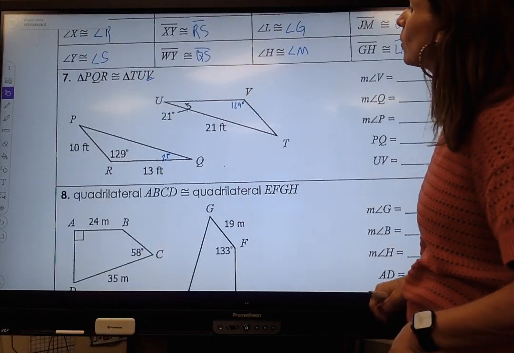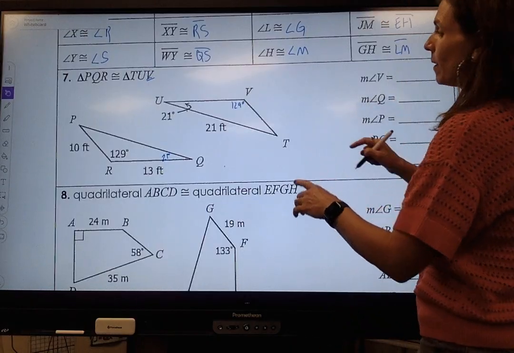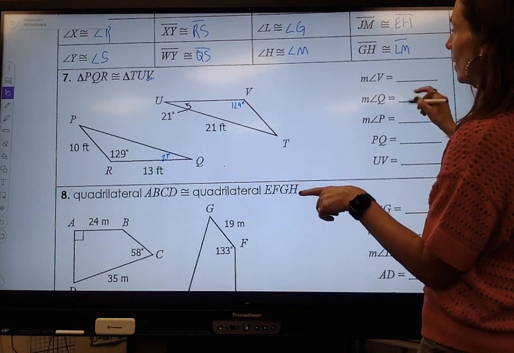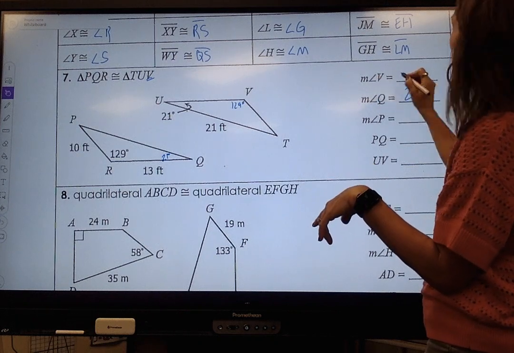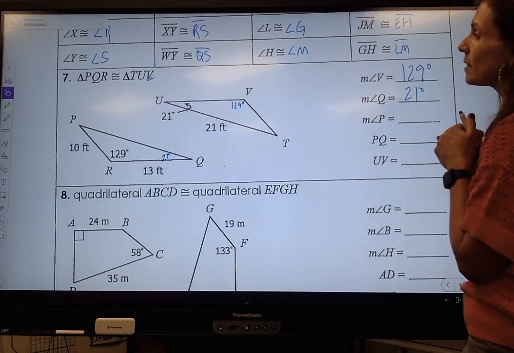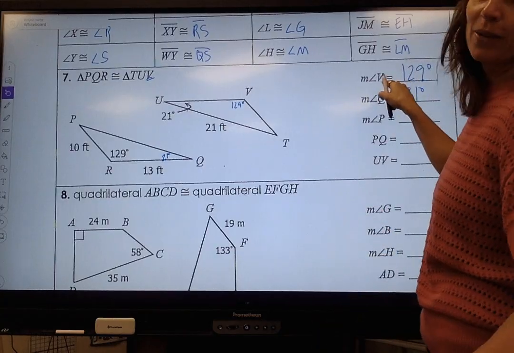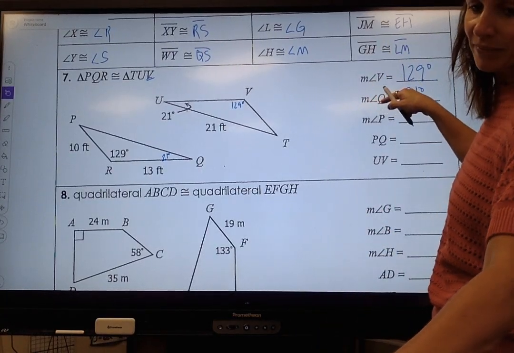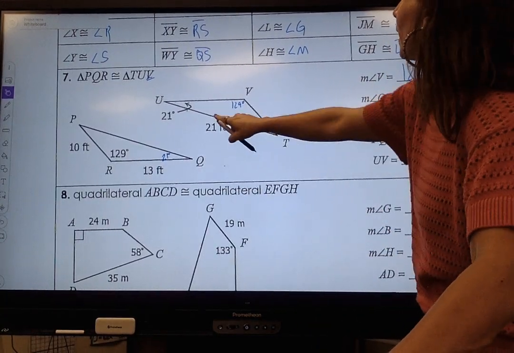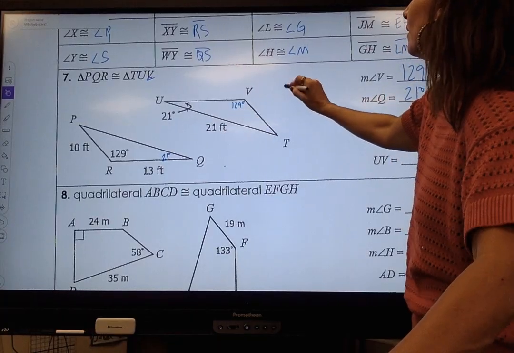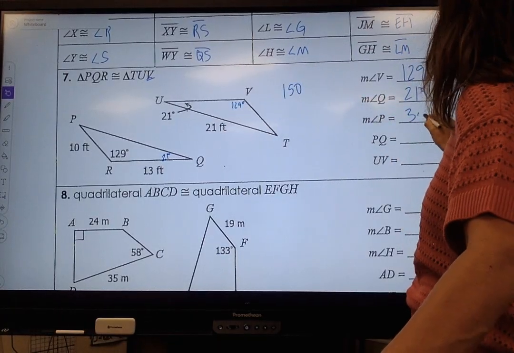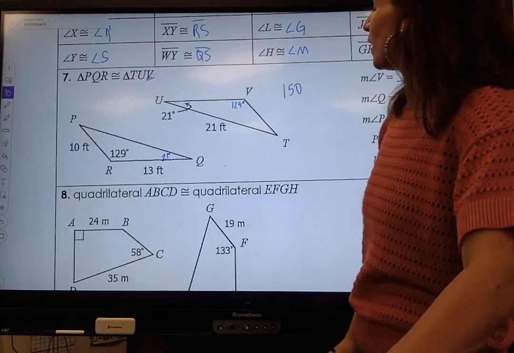That's fantastic. So I know that angle Q is 21 degrees. I know that angle V is 129 degrees. Angle P, I do need to know angle P. So it's going to be 180 minus 21 and 129, which is 150, so angle P is going to be 30 degrees.